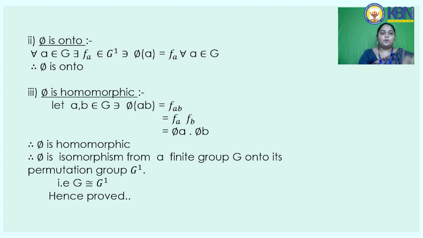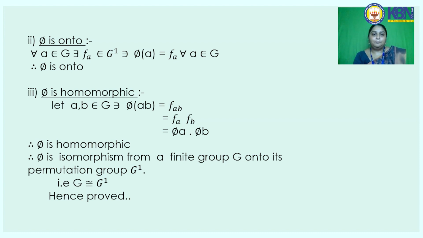And the third property, we have to prove that phi is a homomorphism. So for that purpose, we are taking two elements in the group G. Let a, b belong to G and consider phi of ab. From the definition of phi, we can write it as f_ab. By using the closure property, we can write f_ab as f_a into f_b.